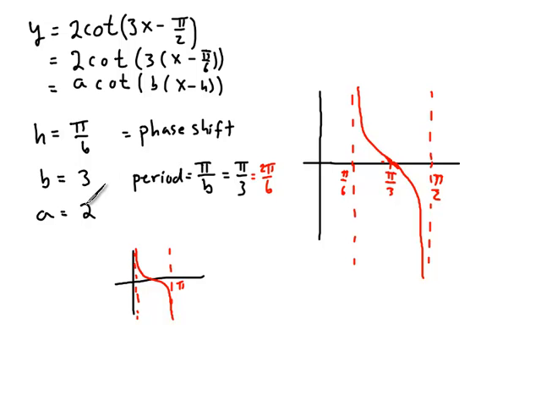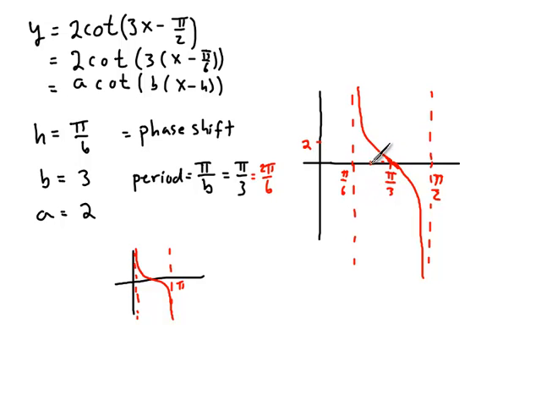Finally, I need to adjust for the vertical stretch, and I'll always do that halfway between my x-intercept and either of the vertical asymptotes. So I'll do that over here, and halfway between these, this y value will be equal to, in this case, 2. Normally it would be 1, but with a vertical stretch of 2, it'll get doubled.